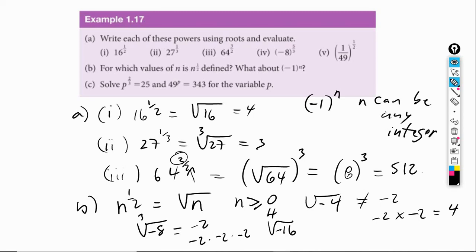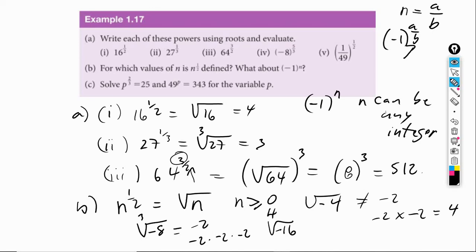Because -1 to the power of 3 is -1, -1 to the power of 4 is 1, and so forth. But what happens if we have a fraction? Let's suppose that n is equal to a fraction a over b. Then -1 to the power of a over b would have no solutions when b is even.